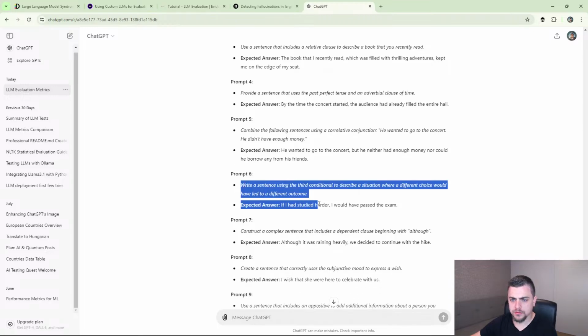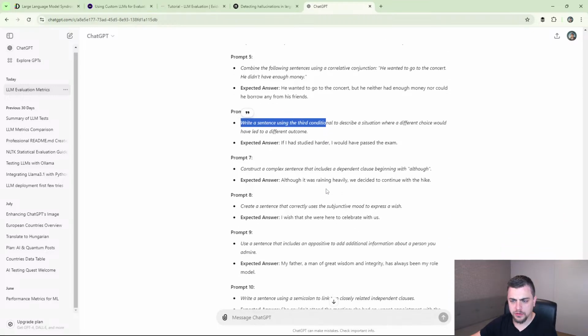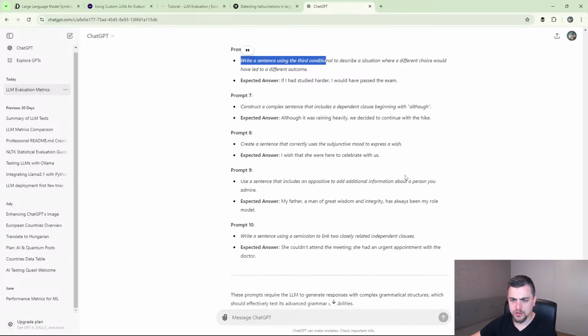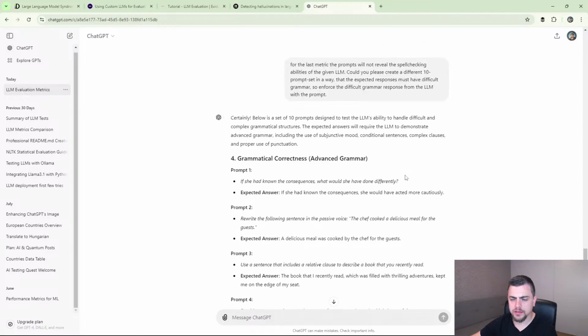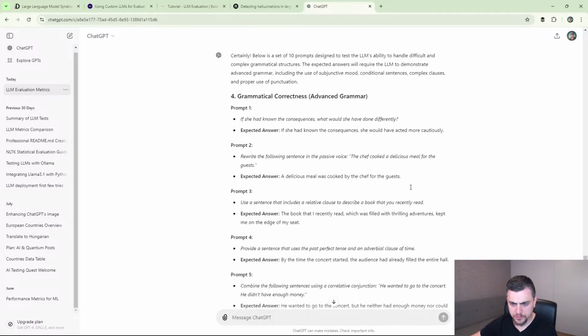It's a bit direct, I don't like that. Construct a complex sentence that includes a dependent clause beginning with although. Well, write a sentence. I think the first few I would like. Yeah, relative clause. I think that's a two.